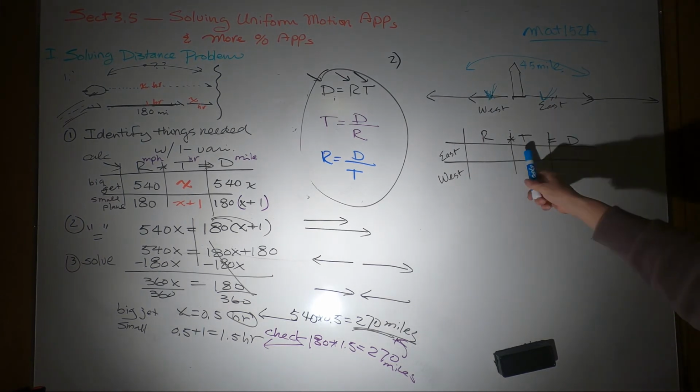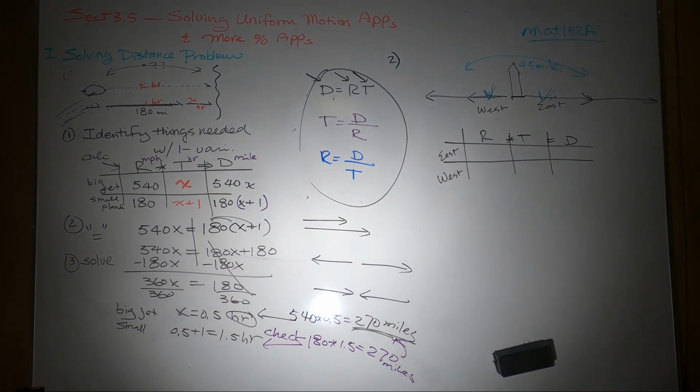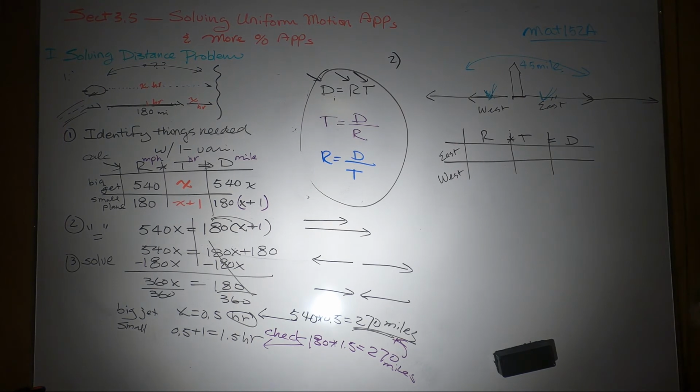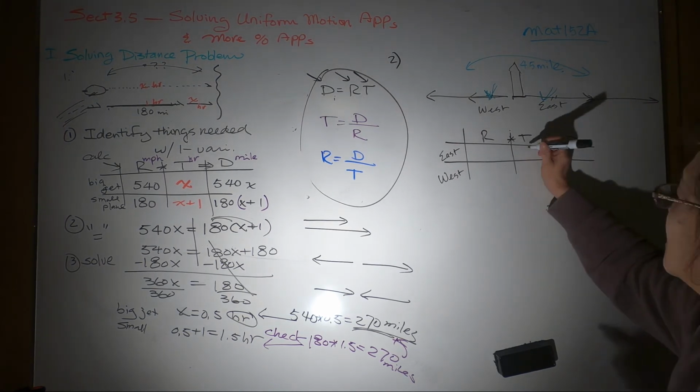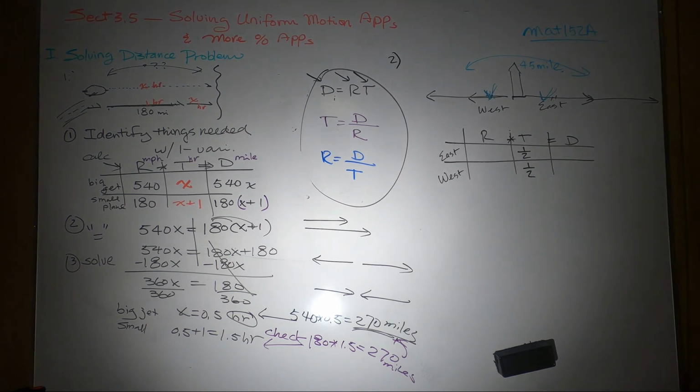So for the time and for the speed, we don't know either, right? Oh yeah, we do know the time. Because how long did they travel? Half an hour. So time is half an hour, right? Now it's easier for us to decide which one to use x for.